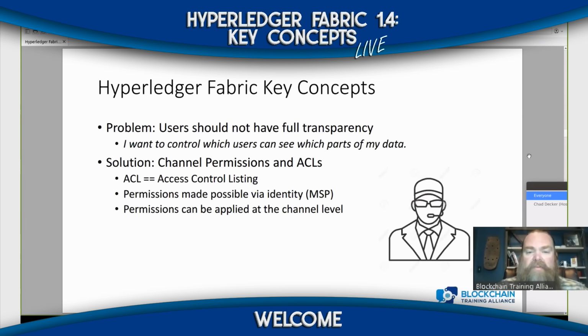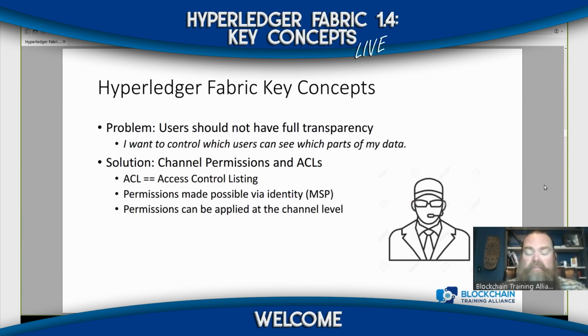All right, problem number 3 we talked about. We don't want to share all of our data with all of our users all of the time. We want to control which of our users can see which parts of our data under which circumstances. And to do that, we use channel permissions and ACLs, or access control lists.